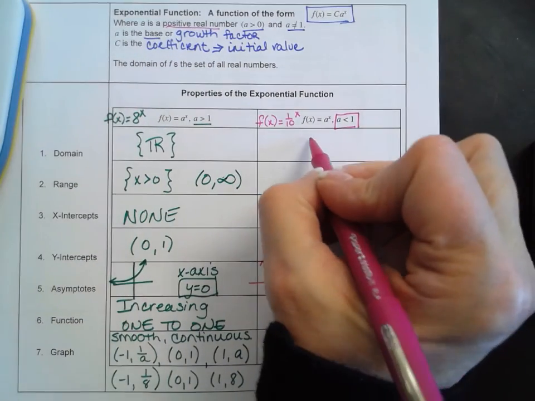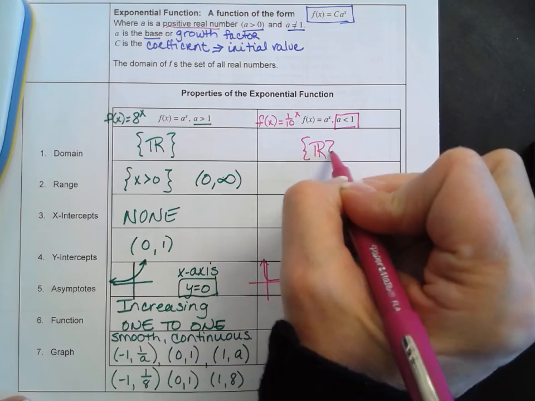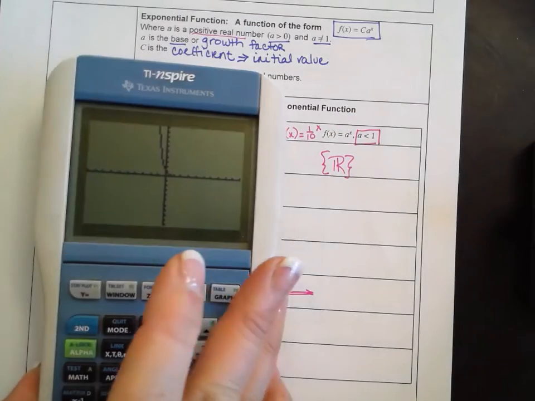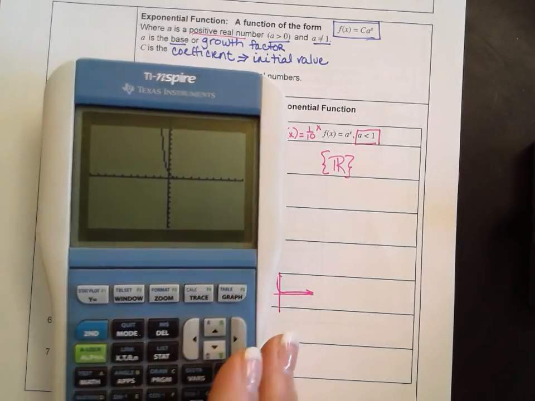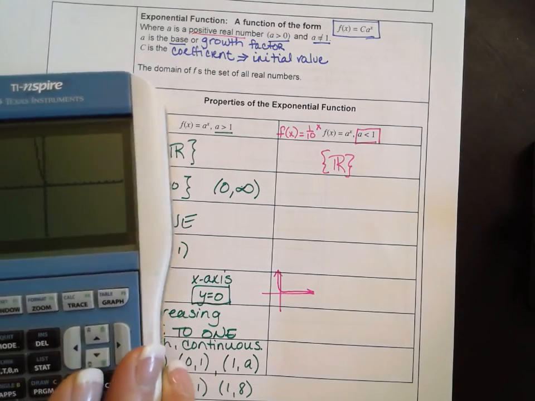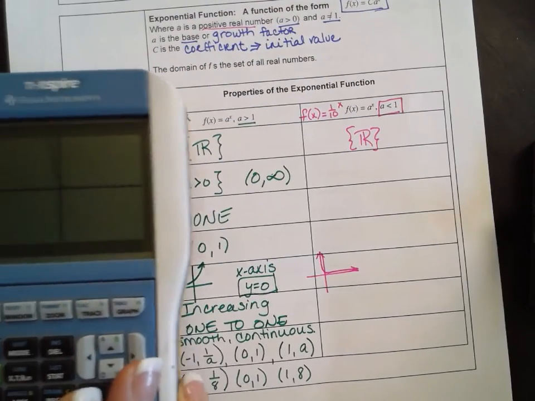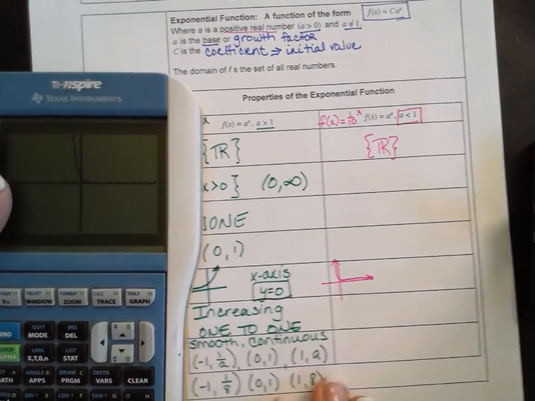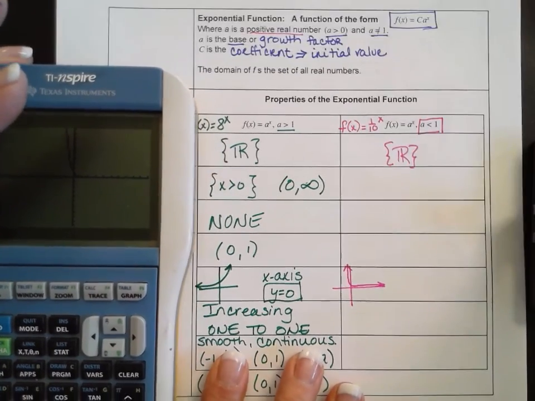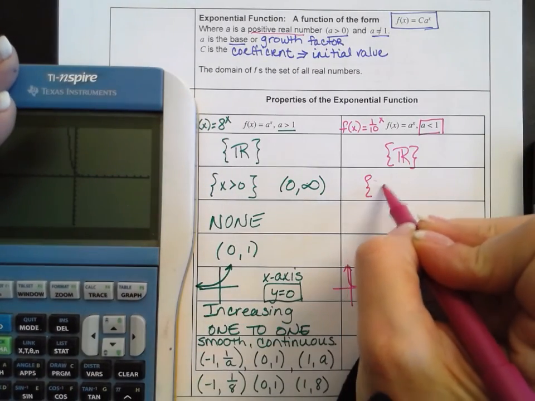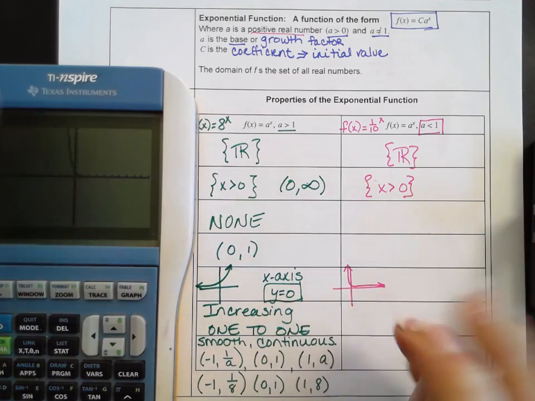Yeah, it's going to be the same, all reals. And what about my range? Is it going to be the same? Yeah, y is greater than 0.